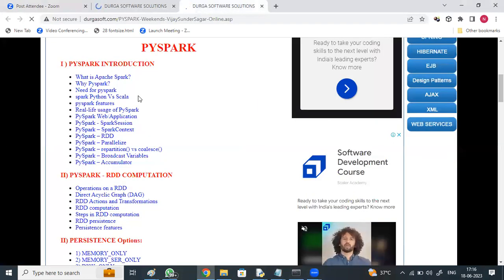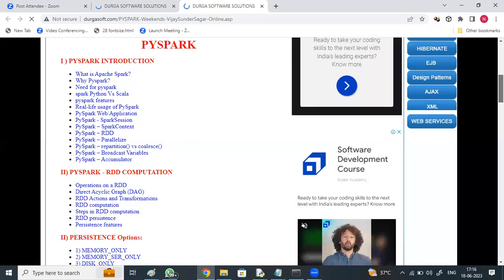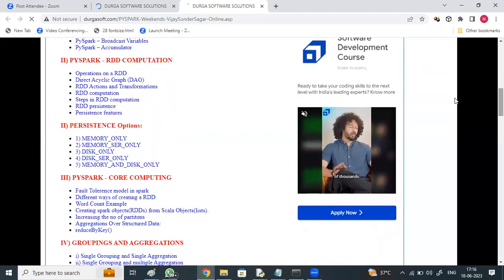PySpark and Scala, PySpark features, usage of PySpark, web application, PySpark sessions, context, Spark context, parallelizing, repartitioning, broadcast variables, accumulators, operations over RDD.